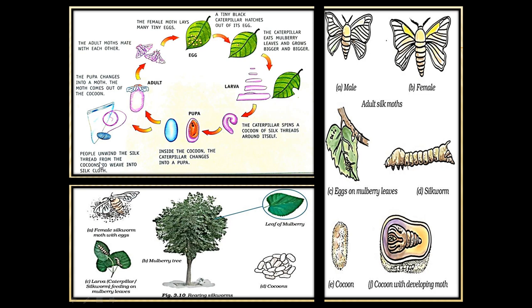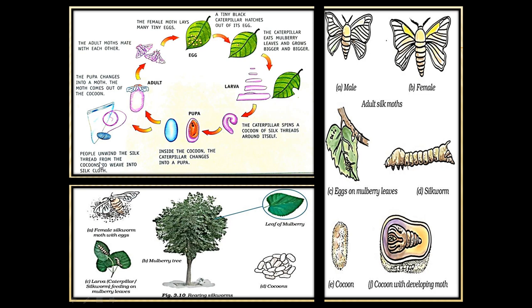So it can give 800 to 1500 meters of length from one cocoon, but the fibers are so fine that they can be accommodated in the small covering around the pupa. More than thousands of cocoons are killed to get a few kg of silk. That's how fine silk is.